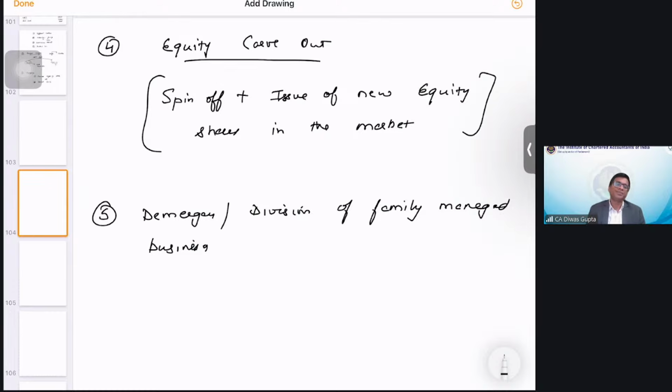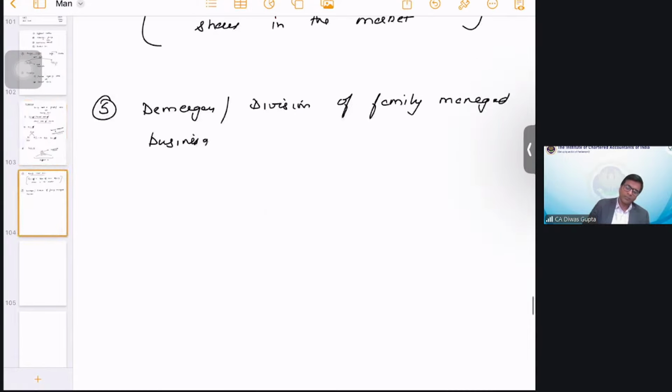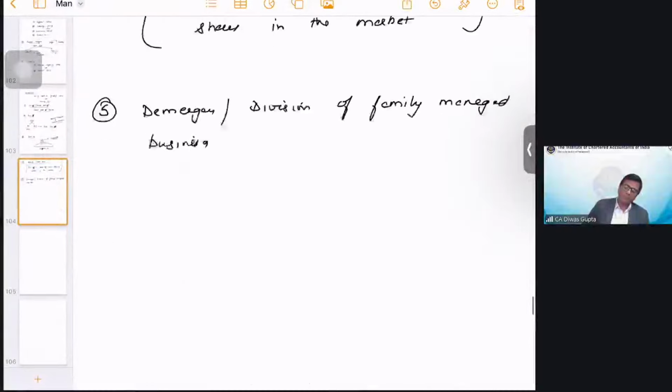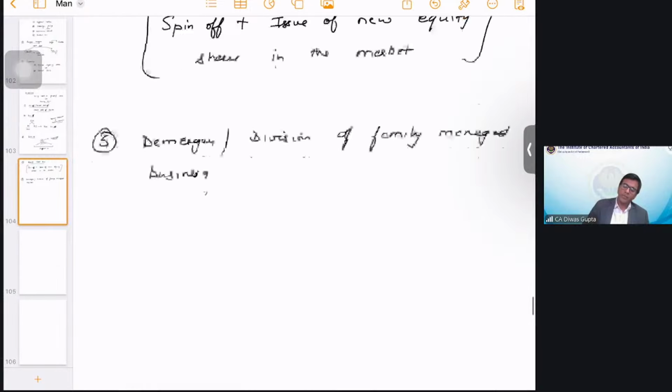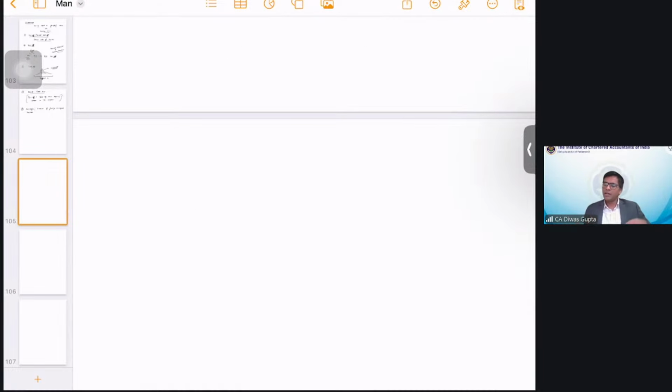Okay, so it will involve series of changes in the overall scheme of things. Perfect. Now let's talk about financial restructuring.